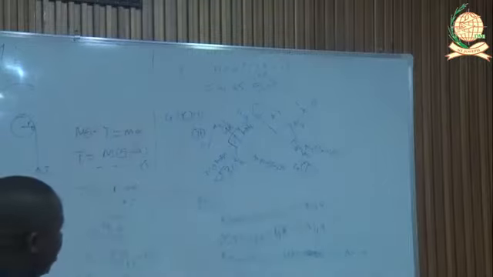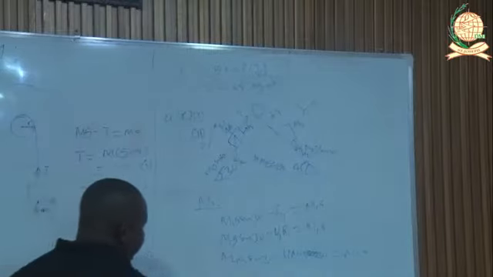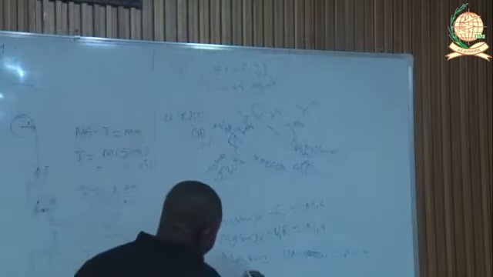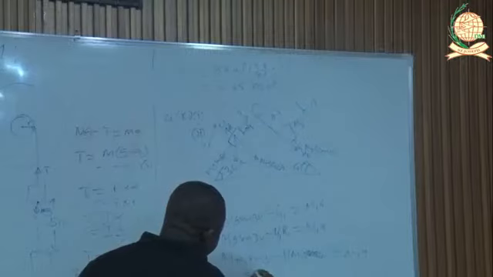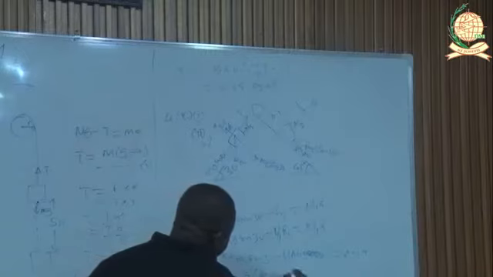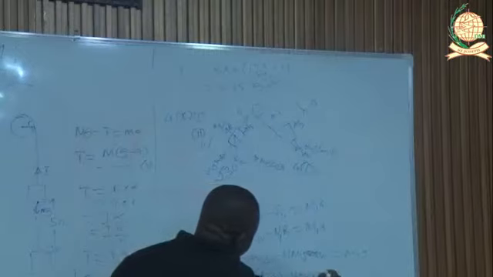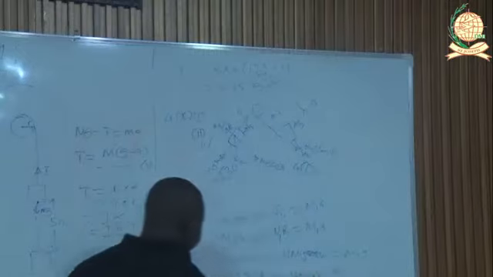So you can see M1 can vanish out, leaving g sine of 30 minus mu1 cosine of 30 equals a.